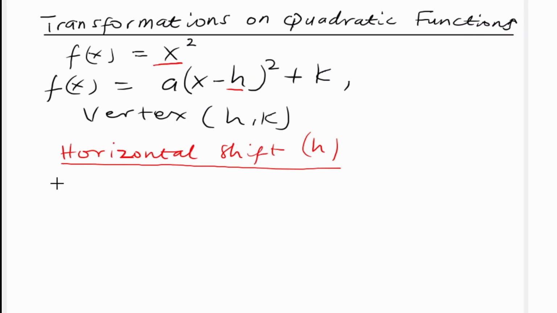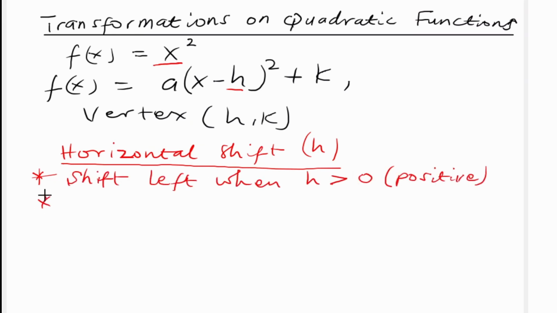The graph shifts to the left when h is greater than 0, or positive, and to the right when h is less than 0, or negative.